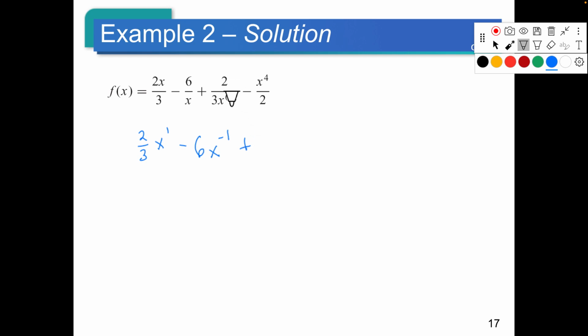And then this one, again, the 2/3 is really just a constant fraction. And x to the 0.2, since it's in the denominator, if we bring it upstairs, it's going to become x to the negative 0.2. And then I'm just going to rewrite this half as 1/2 x to the 4th. Fractions, we just bring them in front, they're a constant, right? So it's just a multiplier. We okay with that step?